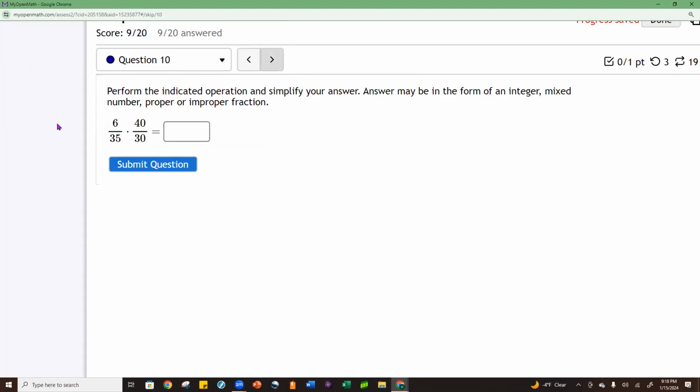Okay, this one is harder, and I included this one on purpose because I wanted you to see how cross-canceling can help. So instead of doing 6 times 40 right away, multiplying across the top, I would factor these some. Or what you can do is find the greatest common factor of the things across from each other.